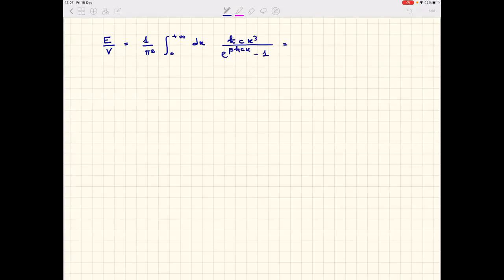So I can see this as the integral over dk of the energy density of radiation with momentum k. The momentum is 2 pi over the wavelength. Okay, so this is a wavelength resolved quantity at temperature T.